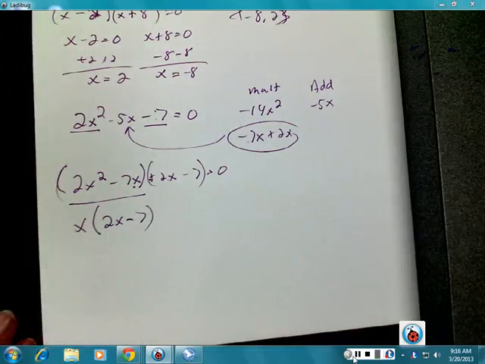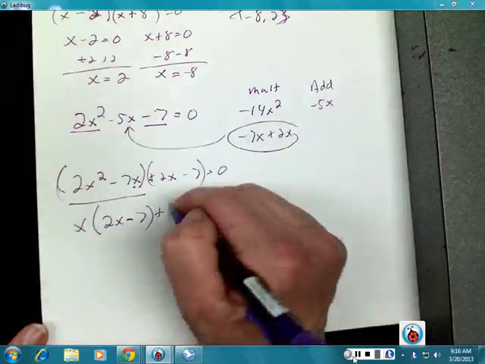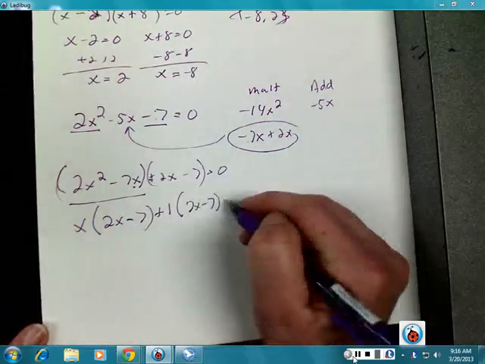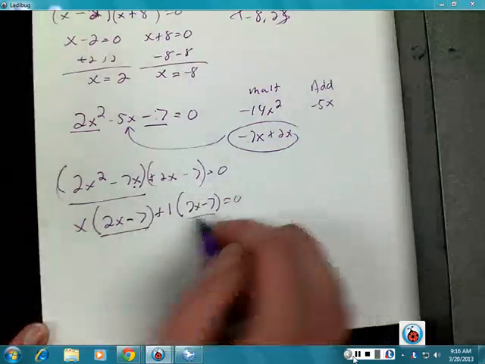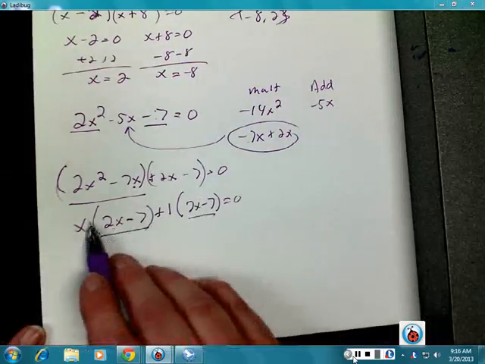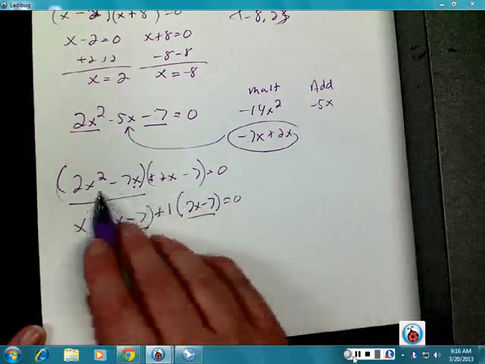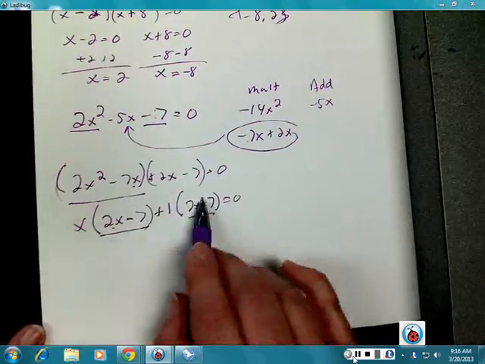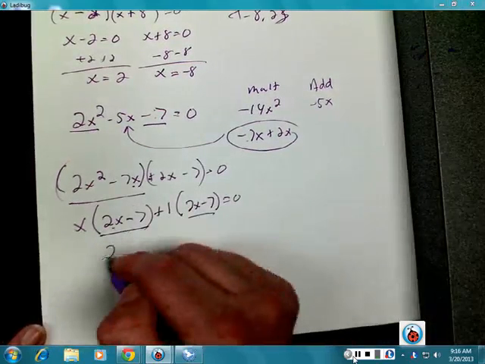And what can I pull out of the second one? Only a positive 1, right, because they don't have anything in common. But if you notice, they both match each other. So that's my goal, is when I remove something out of each of these 2 pieces from above, the end results of that binomial has to match each other, and they do.